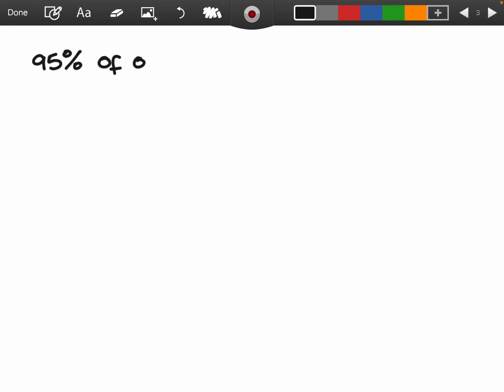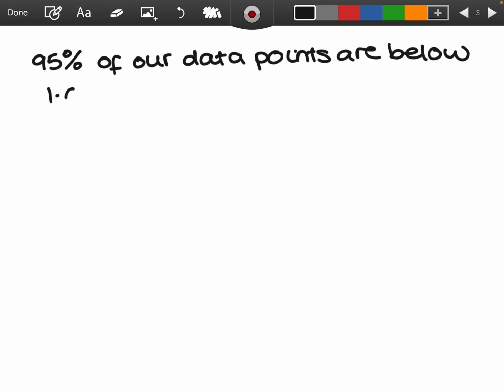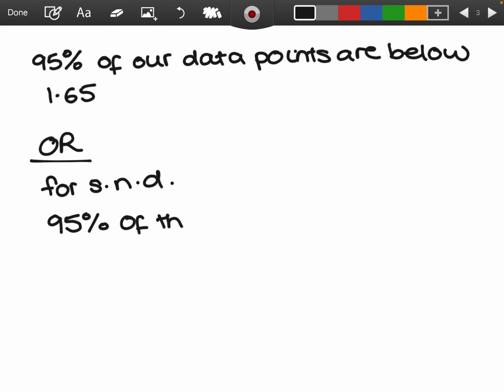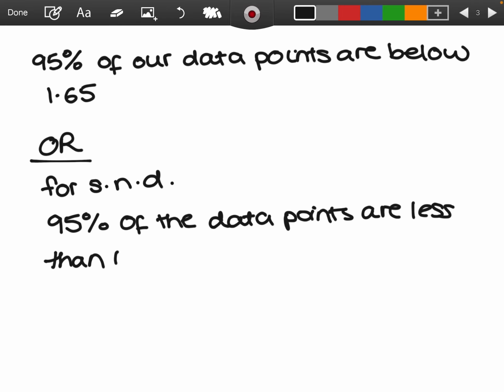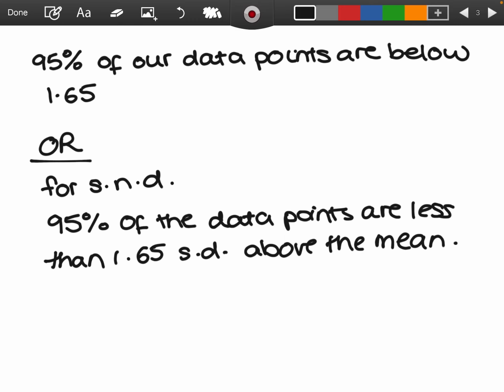So two ways that we could phrase this. 95% of our data points are below 1.65, or for standard normal distribution, we can also say that 95% of the data points are less than 1.65 standard deviations above the mean.